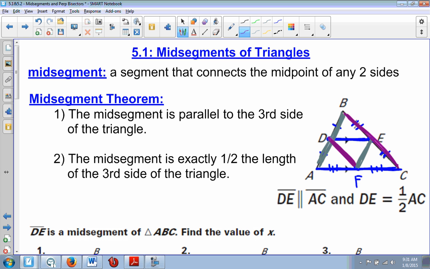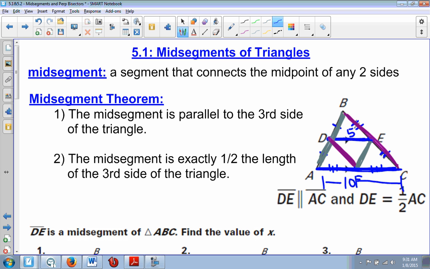The other thing that's relatable is that the mid-segment is exactly half the length of the side length it's parallel to. So in other words, if I was again looking at DE, the blue one, and AC, the blue one, if I told you that AC was a length of 10, that would mean that DE is a length of 5.